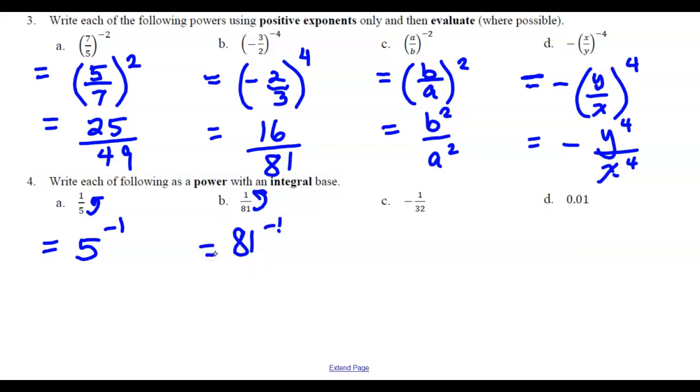That would be kind of a lame version, because really, 81 we could also show as 9 squared. So that would be 9 to the negative 2. We could also show it as 3 to the negative 4. If it's a bigger number that is a perfect square or cube or whatever, then try to use a different base.